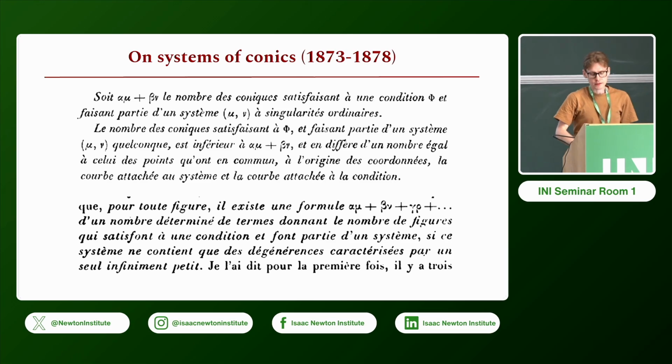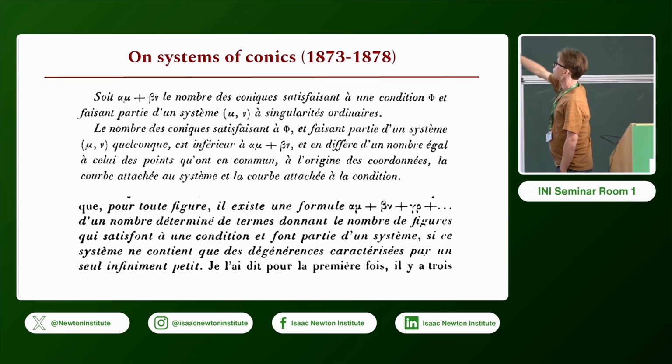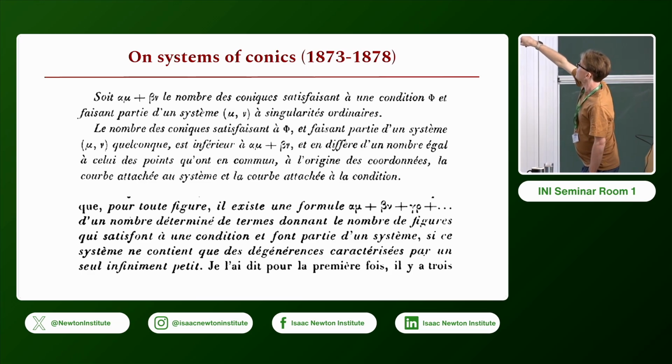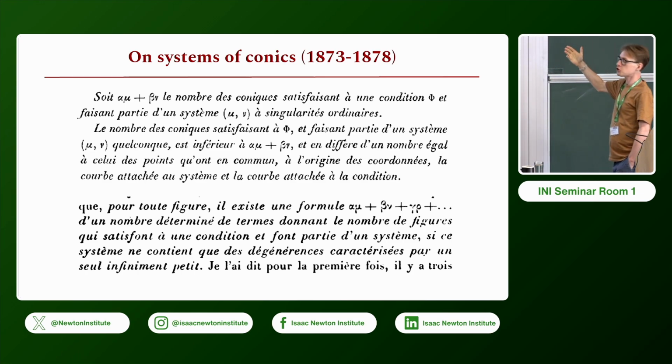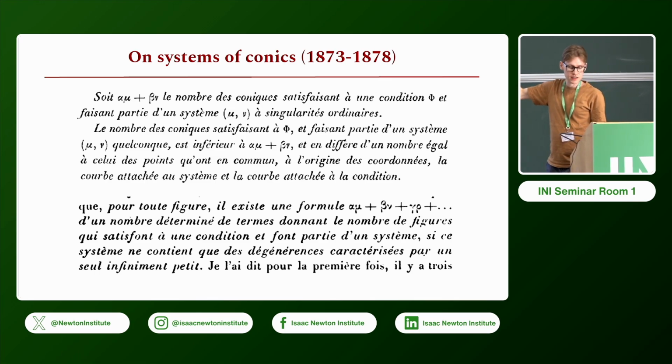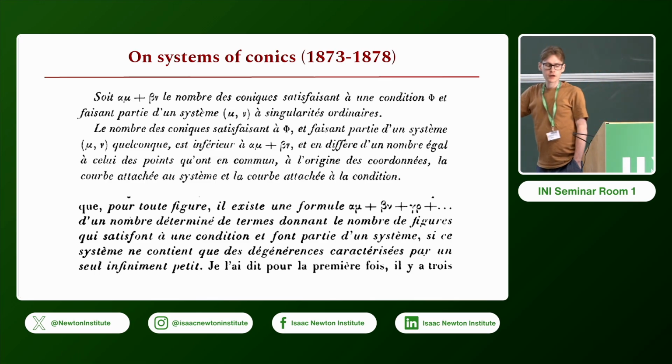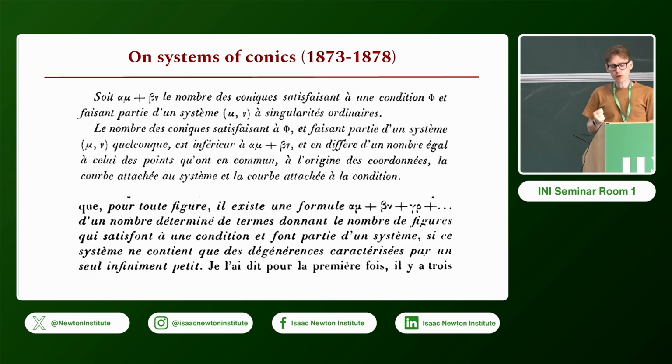And so what Halphen concludes from a very complicated analytical study, which I do not get into, is that rather than having a formula like alpha mu plus beta nu, in fact, you must add additional terms, and for each ratio 1 plus h that occurs in the system, you must add a new term. So in other words, there is no finite formula to be hoped for.